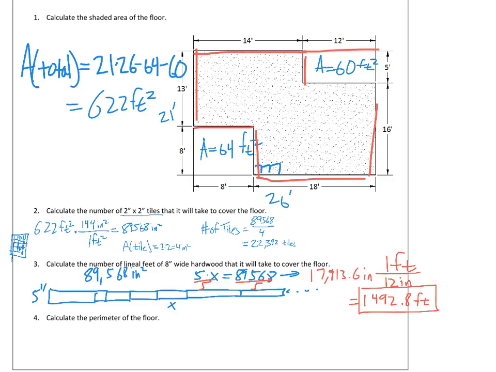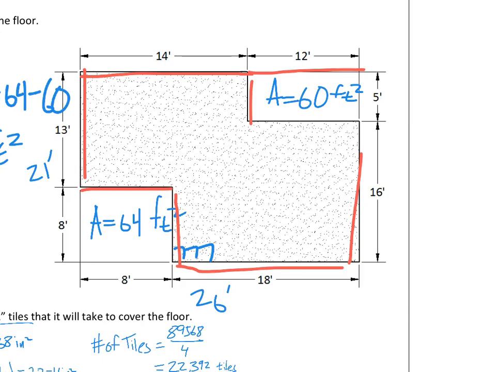And let me zoom in here for you. Instead of thinking of this length right here, let's add up this one right here. And instead of thinking about this one down here, we'll use this one down here. And what we see is that we just need to add up on the outside, okay?